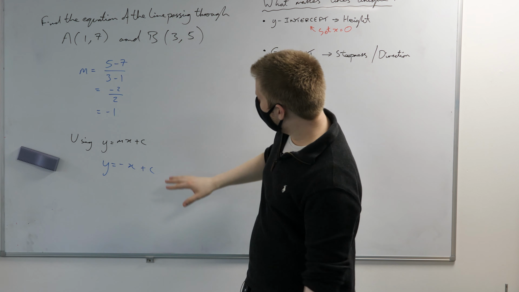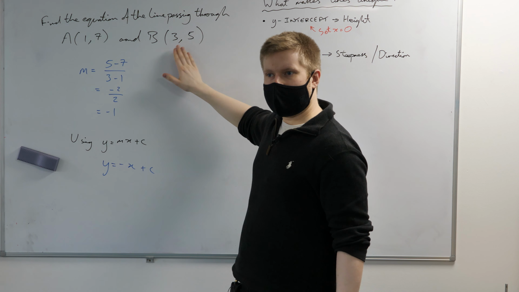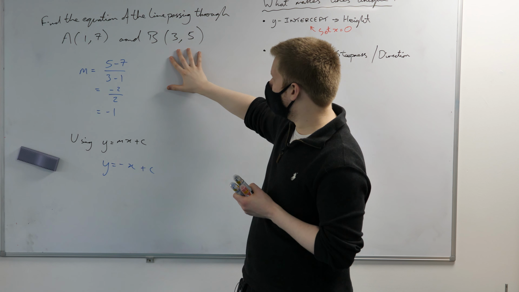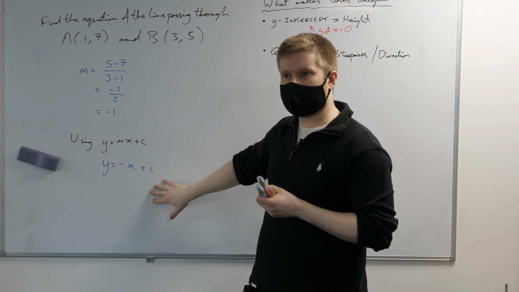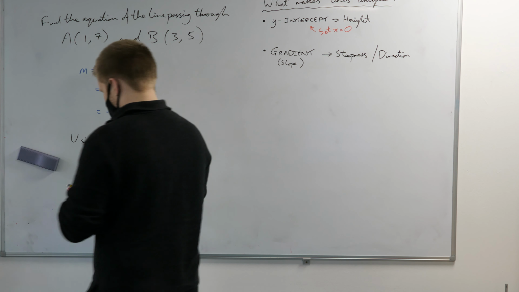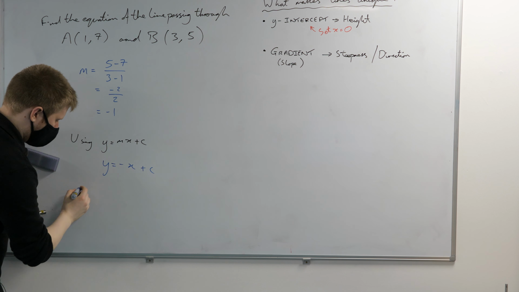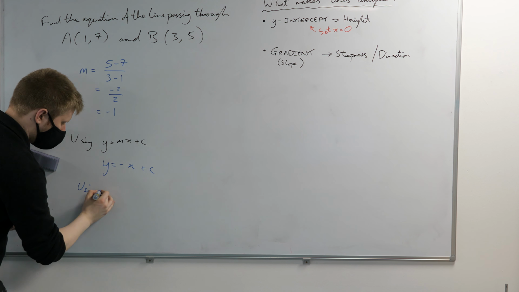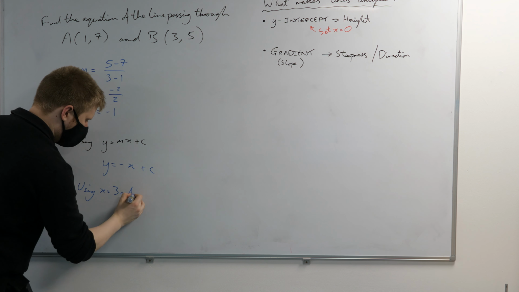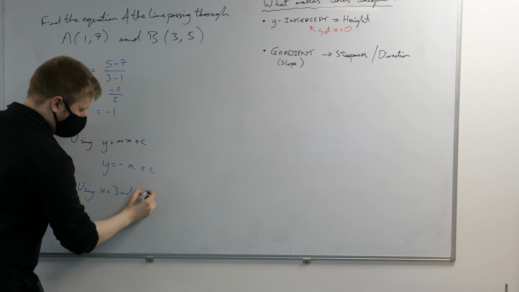Now what I'm going to do is stick my x and y values into this line. That's a pair of x and y coordinates, so stick it into this general form, and let's see if we can find what c is. Using this point here, x equals 3 and y is equal to 5.